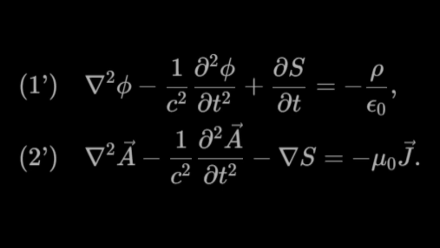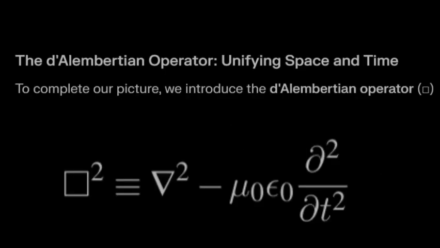Let's notice that there is something going on with the potentials here, notably second spatial derivative minus second time derivative over c squared. And it turns out that there is a special operator for this kind of operation, namely D'Alembert operator.